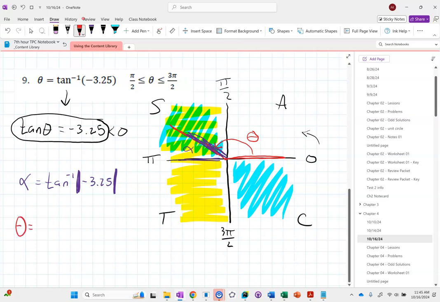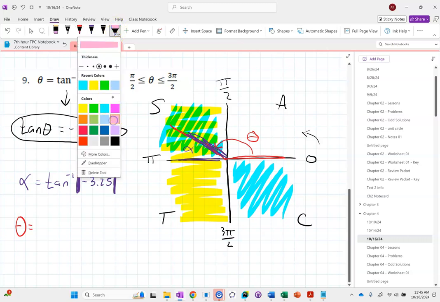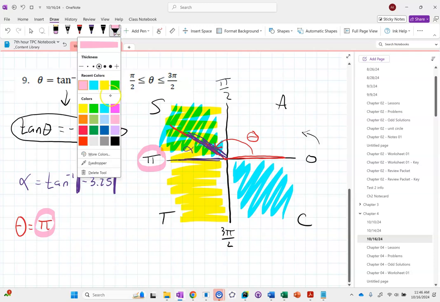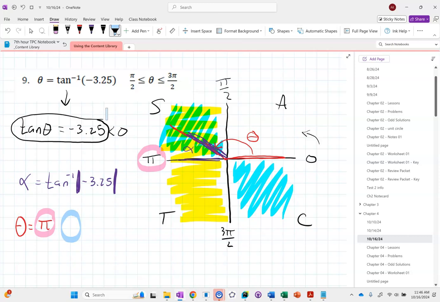So my equation then, the first part is going to come from the label on the x-axis that makes up part of alpha. So pi. So the next thing we need to do is figure out whether I should be adding or subtracting.